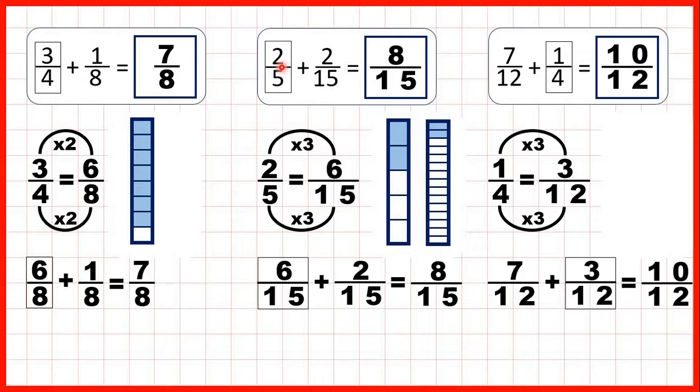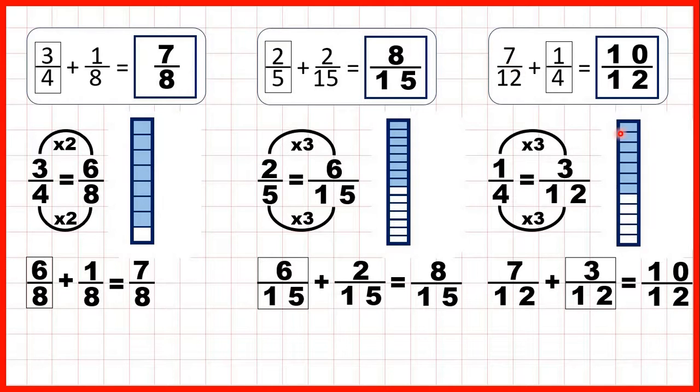We changed 2/5 into 6/15, and that meant that we could add the 2/15 to get 8/15 as our answer. Here we started with 7/12 and we were adding 1/4. We changed 1/4 into 3/12, which meant that we could add it to the 7/12 to get 10/12 as our answer.